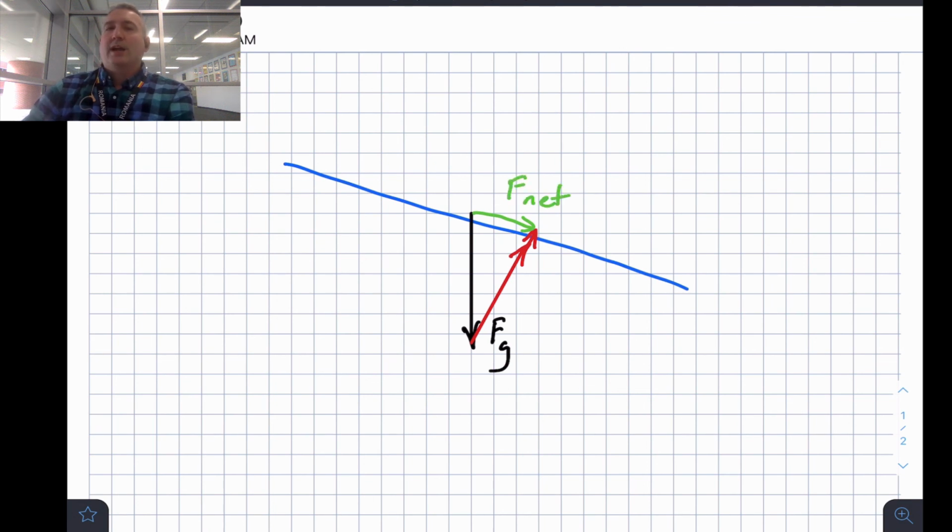This explains and describes why something is going to accelerate downhill, because the overall sum of the forces acting on it is down the hill. So we anticipate things that are going downhill to accelerate and always end up going faster and faster down the hill.